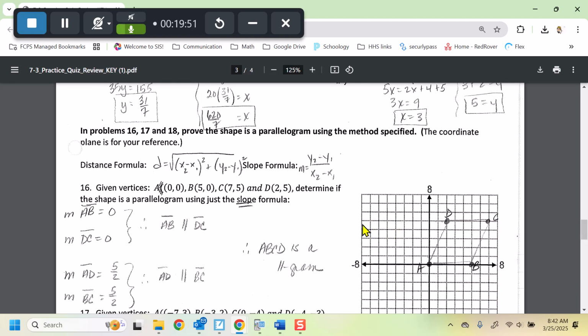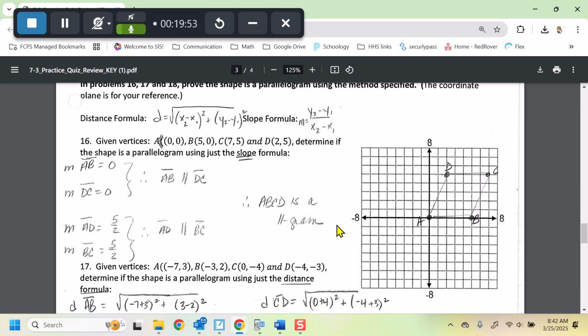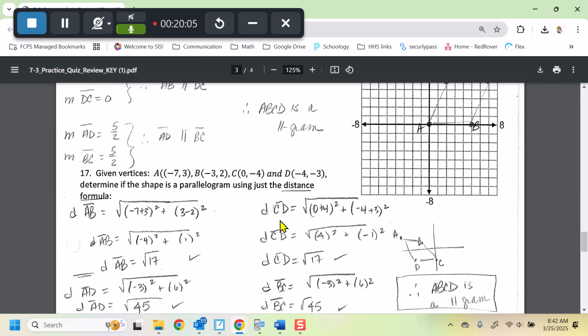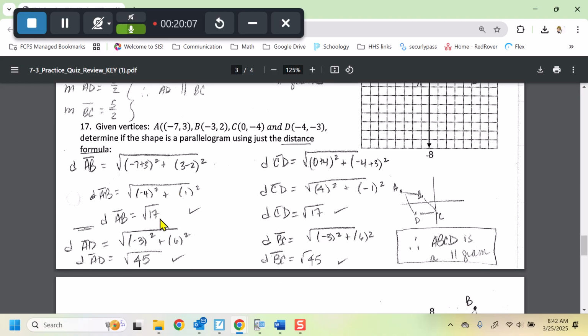For 16, 17, and 18, we proved that it was a parallelogram by saying the slopes are the same, therefore the lines are parallel, therefore it's a parallelogram. We went ahead and said our distances were the same. Therefore, the segments were congruent.